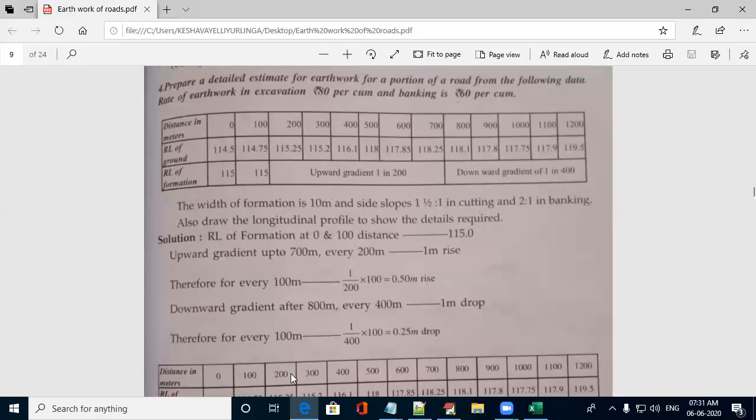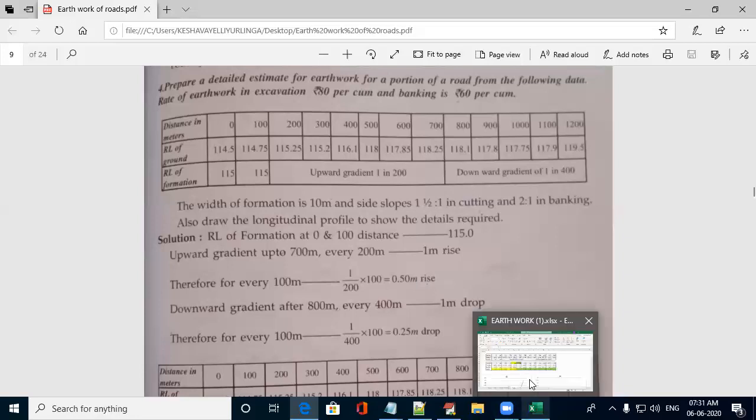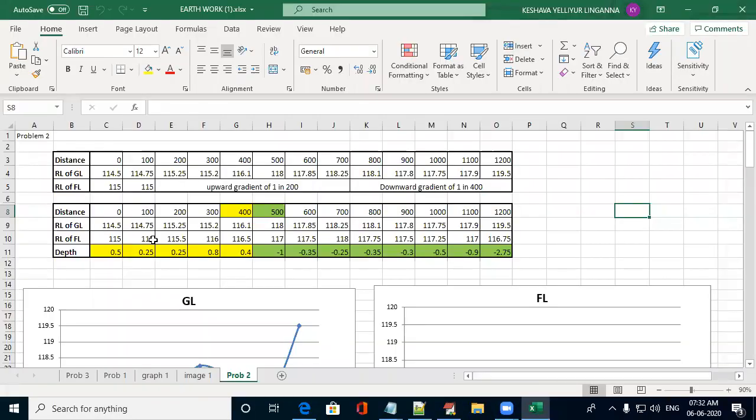There should be an increase of half meter, that is 0.5. The difference between the consecutive RLs of formation should be 0.5 and it should be increased, not decreased. That means you have to keep adding 0.5 to the previous value. So for 200 it will be 115.5 and then it is 116, 116.5, like that. Up to 700 meter there should be an increase of 0.5 meter.